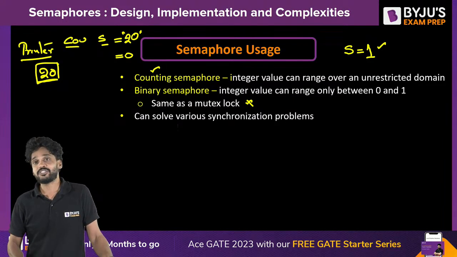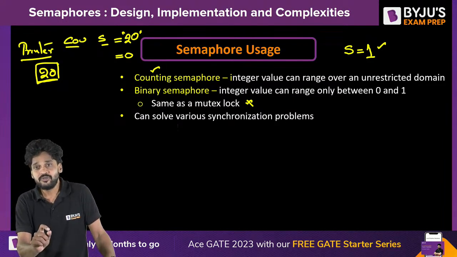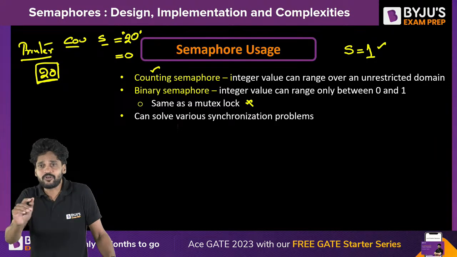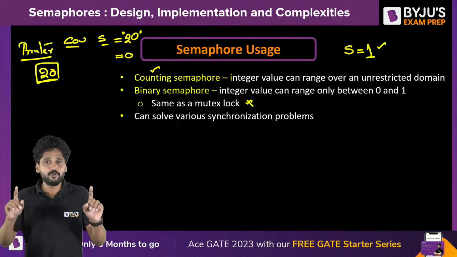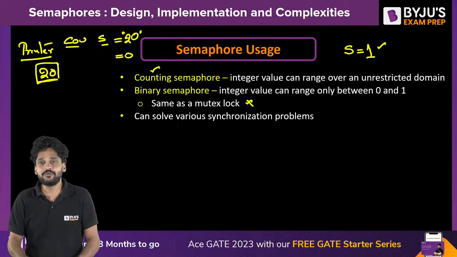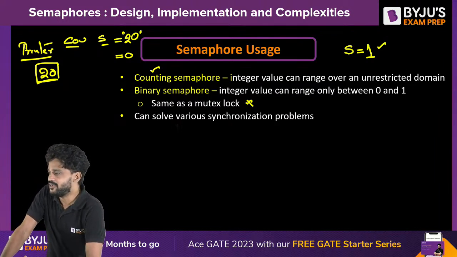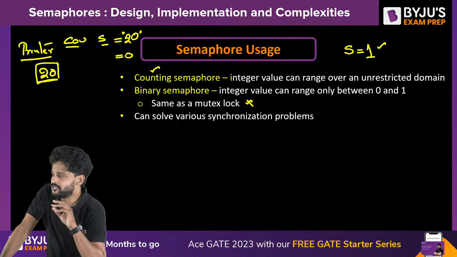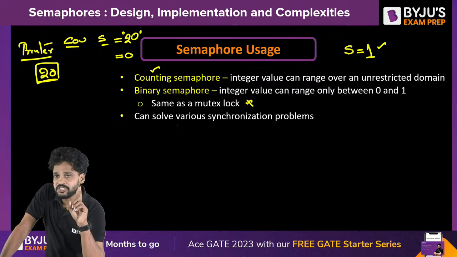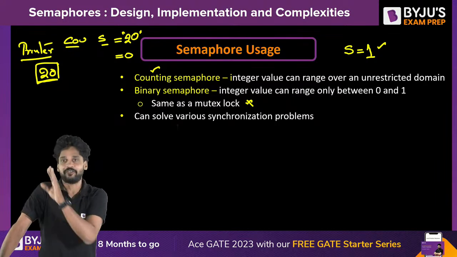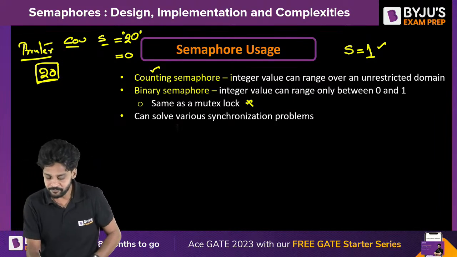Semaphores can also be used to synchronize two processes. Let us say there are two processes that must be executed one after another. For instance, there is Krishna and there is Chitra. First Chitra must execute, followed by Krishna.